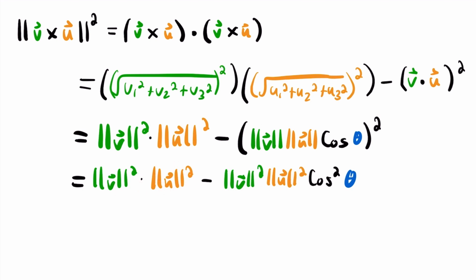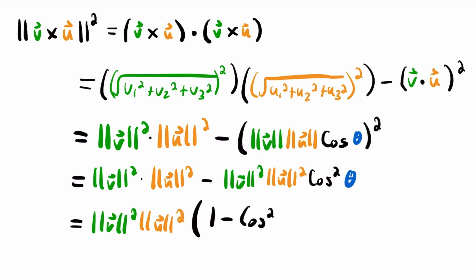We can pull that out of each of these terms, and here's what we'll have now. We'll have the magnitude of vector v squared times the magnitude of vector u squared pulled out of 1 minus cosine squared theta, right? If we pull this out of the first term, we're left with 1. And if we pull this out of this term, we're just left with cosine squared theta.